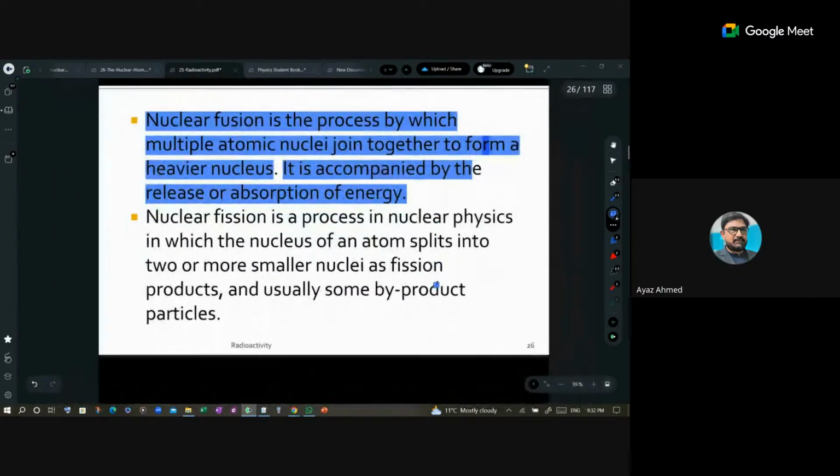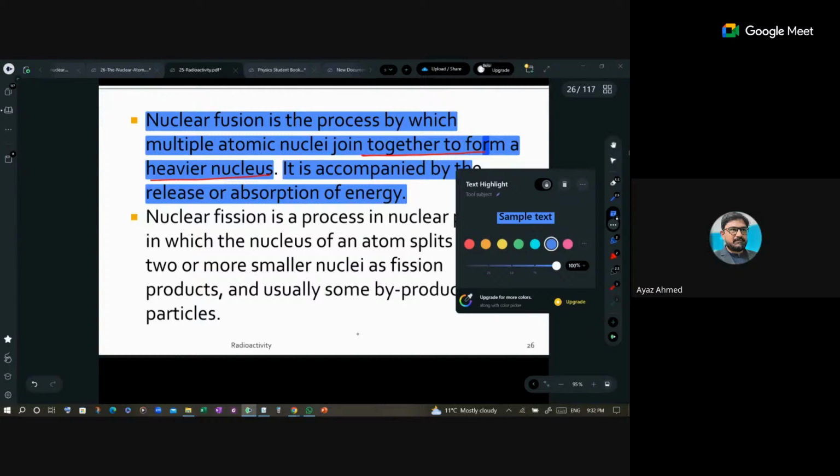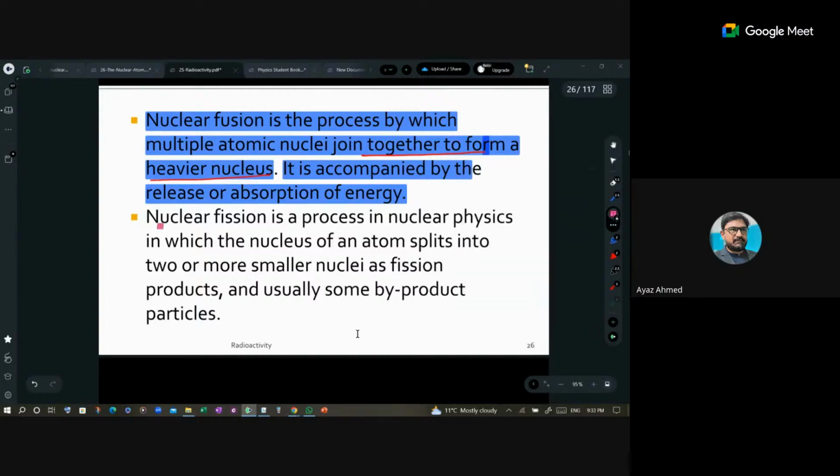Simply speaking, it is the process in which small nuclei together form a heavy nucleus. That process takes place in the stars. Sorry, in this slide the next statement is for fission, so I have explained it. I hope it is clear to you.